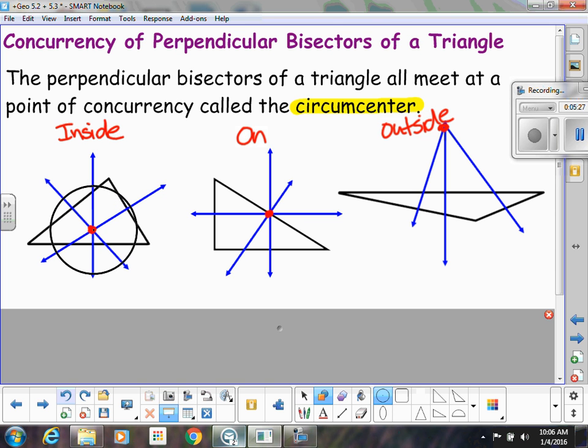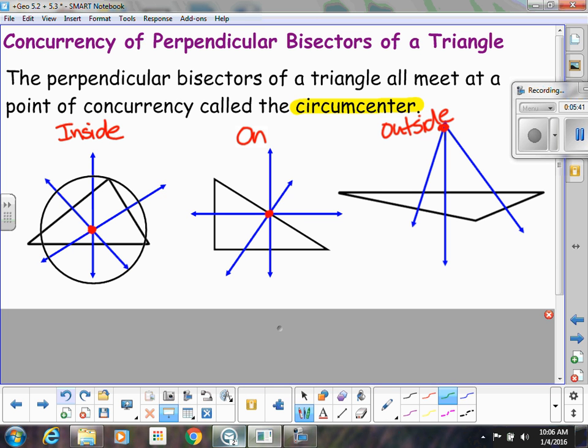So if I draw, as that's the center of my circle, and again, where I drew my lines, it might have been off a little bit, that circle is going to touch all three points of that triangle. So that circle is circumscribed around it.